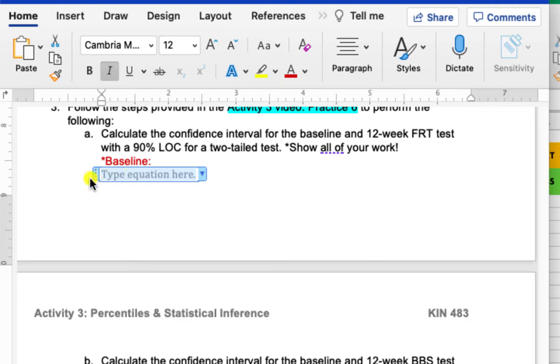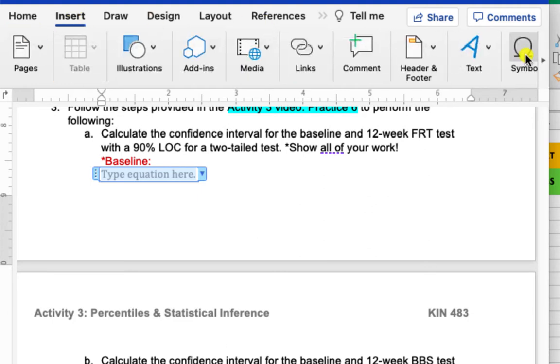To get the equations to pop up, you just go to the Insert tab, and then over where it says Symbol, you can click on Equation. If your window is expanded, which mine is kind of taking up half of my screen, the pi sign should show up. If you just click on the pi sign, it will add this equation box.